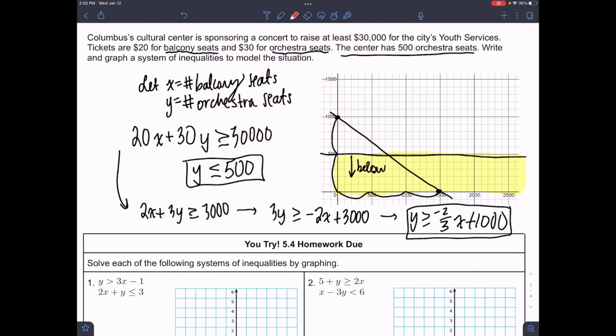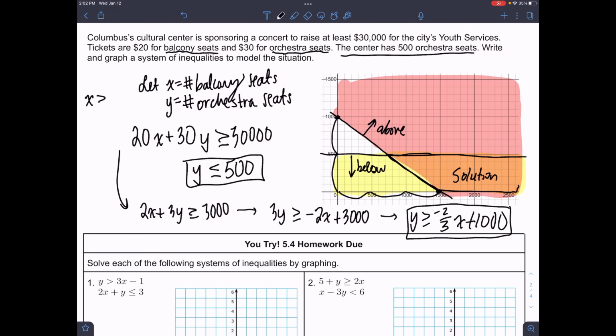And we have solid and we have above. So it's going to look something like this. Okay. So as I'm shading this in, you kind of notice that we do have some overlap happening. And that is this region right here. This is the solution. We shaded above here.